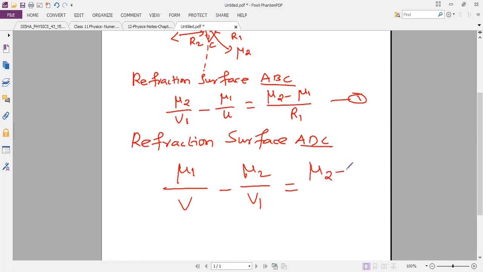Sorry, mu1 minus mu2 divided by r2. Equation number 2.